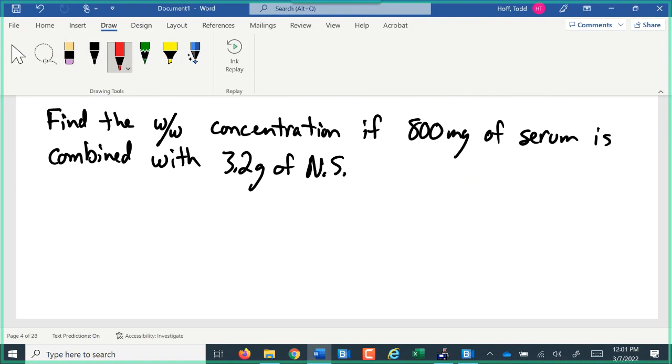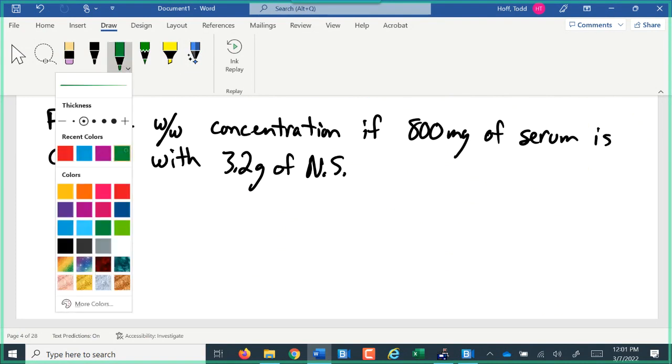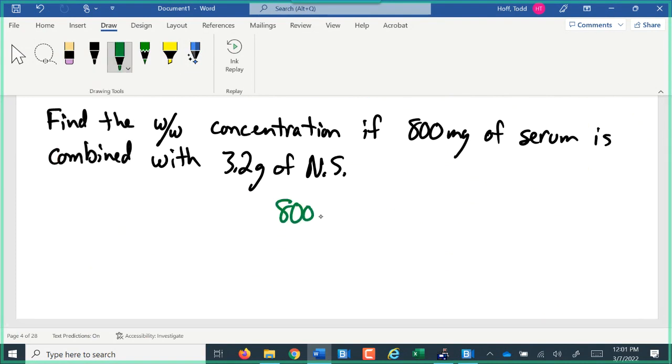So we start off with this. Again, the amount of our serum, the 800 milligrams, over the total solution, plus the 3.2 grams of saline, plus 800 milligrams of serum.